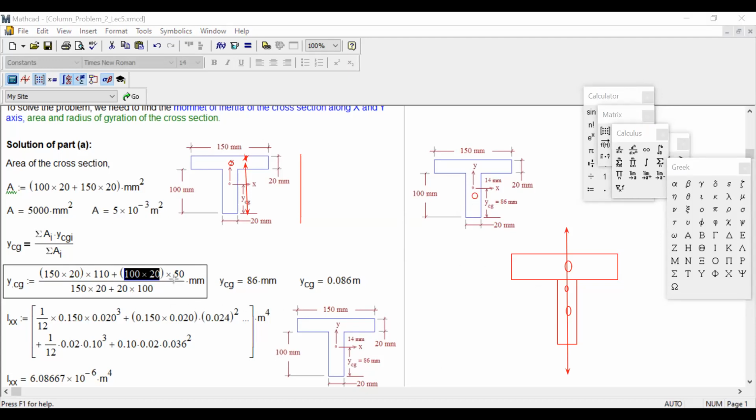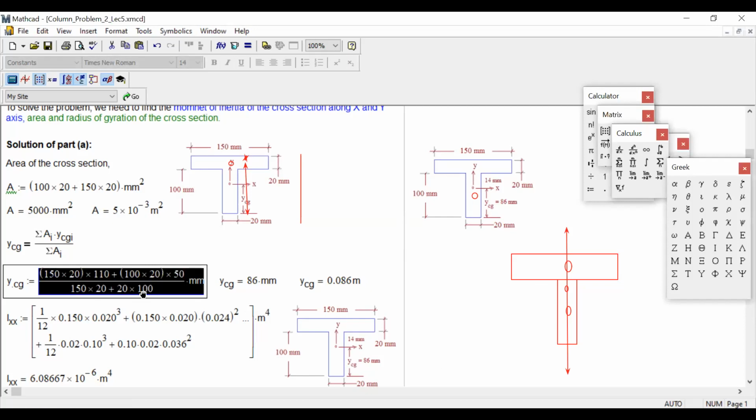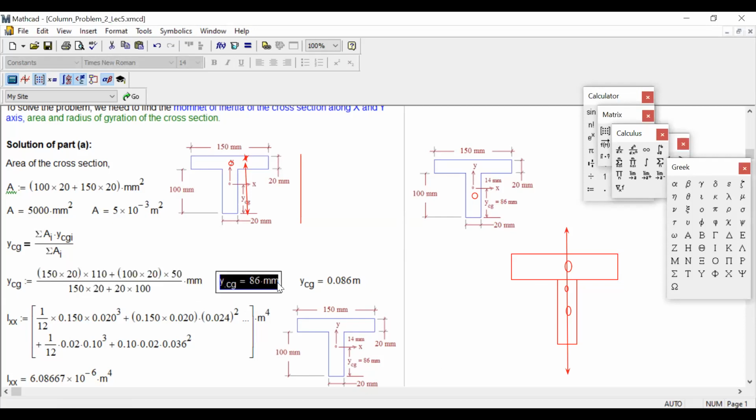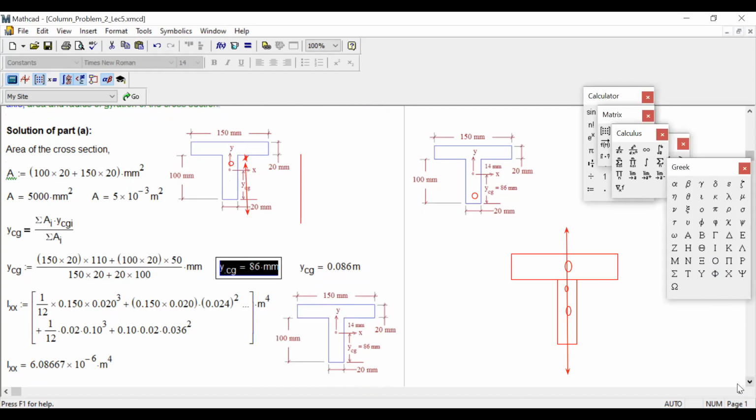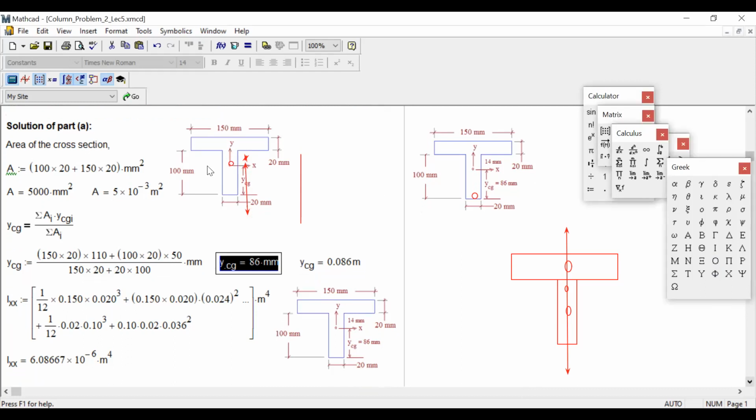So you put area into YCG, the YCG is 50, divided by sum of area, 2 area. So we are getting 86 millimeter as the YCG. 86 millimeter from where? 86 millimeter from the bottom. So if you look at the bottom figure, we found right over here 86 CG.